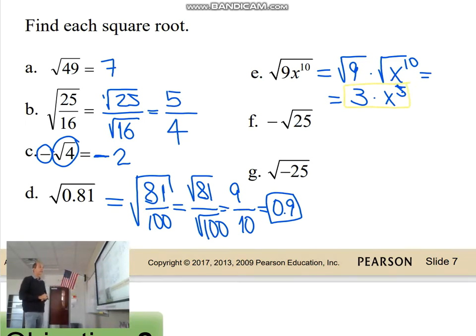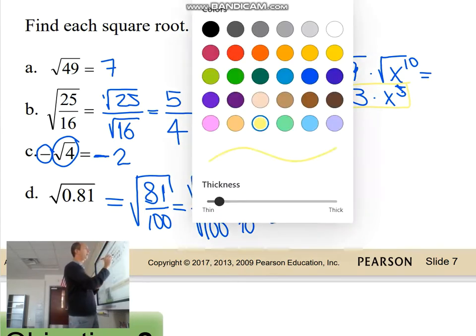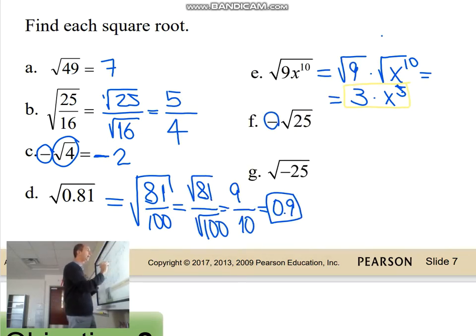And the next question, letter F, is negative square root of 25. Again, the same thing we've done on letter C. We have this negative sign in front. The non-negative square root of 25 is 5, because 5 times 5 is 25. And then we have this negative sign in front of it. You just keep it, the answer here is negative 5.